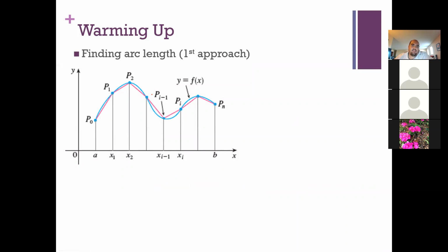I want to take this blue curve here, and I want to break my x interval into all these little subintervals, which is something we do with area and volume as well. And for each one of these, what I would like to do is approximate the length as closely as possible with these straight line segments here.